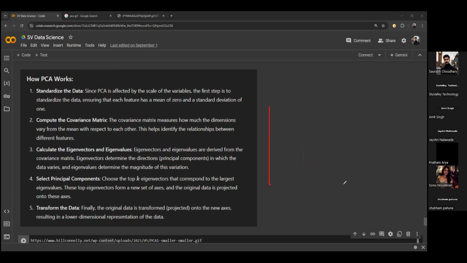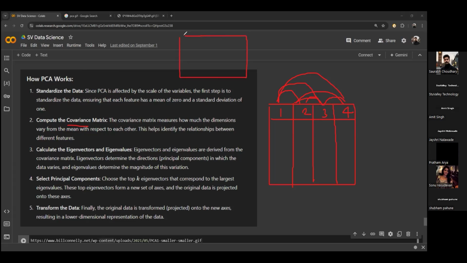Let's suppose we have 1, 2, 3, 4 features. So we will see the relationship of 1 and 2, 1 and 3, and 1 and 4. Then we'll see 2 and 3, and 2 and 4. Just like we will see 3 and 4. So all the relations we will see, and it will make a matrix.